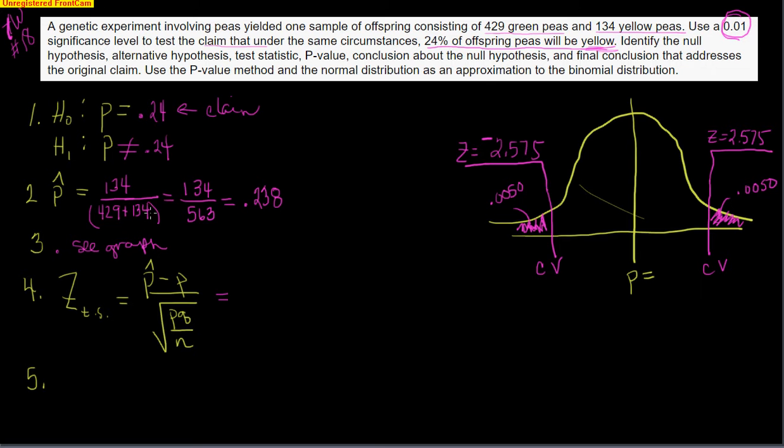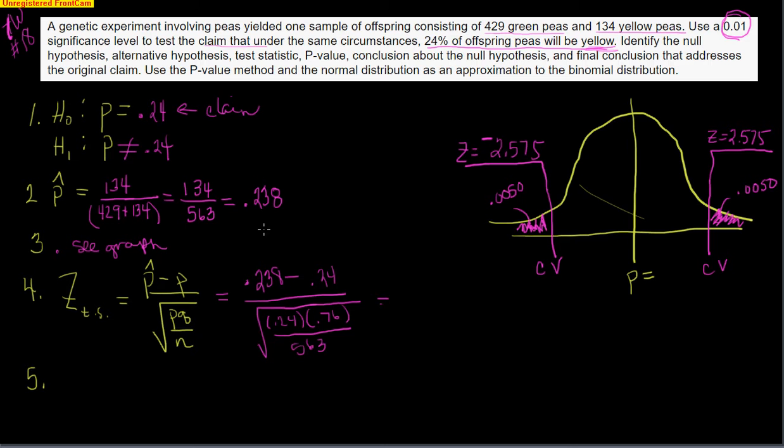Okay, so this is just some number crunching. We have plugging into the formula our p hat, which is 0.238, minus our p, which is 0.24, divided by the square root of p, which is 0.24, times q, which is again 1 minus that p, so that's going to yield us a 0.76, divided by our n, which was the 563 total peas that were looked at.